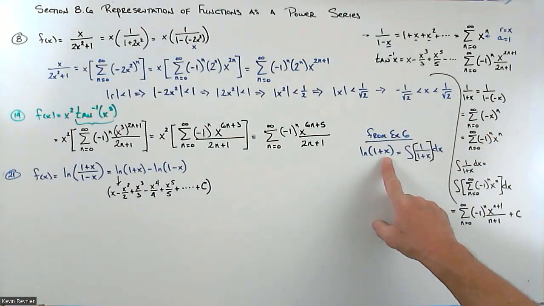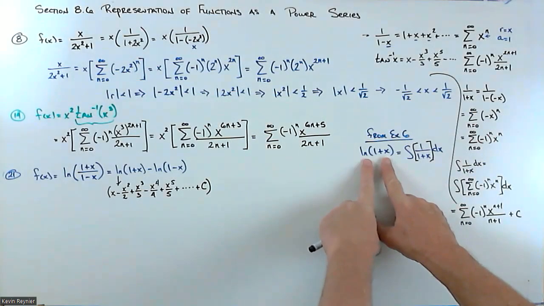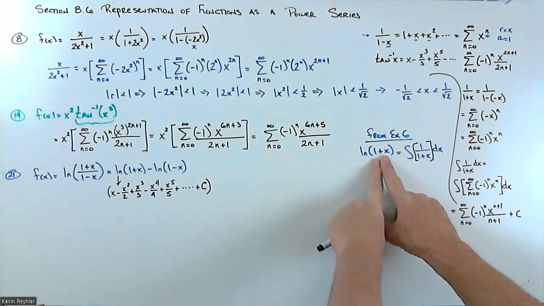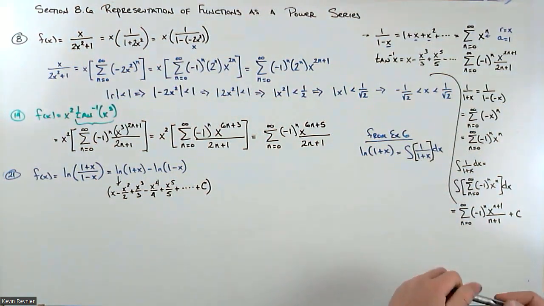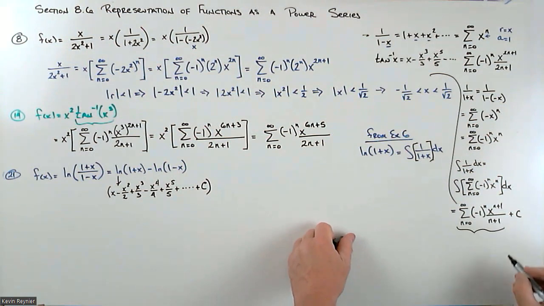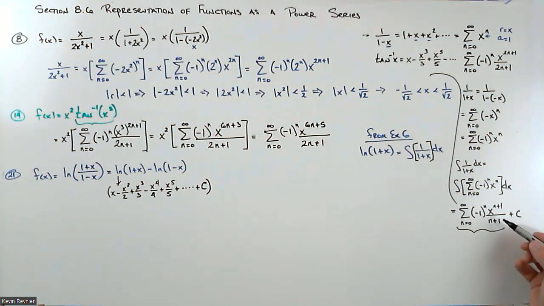If we put a 0 in for x on this side, we're going to get natural log of 1, and natural log of 1 is 0. So if we put 0 in for x, we're going to get 0 here. If we put 0 in this for x, well, all of these x's are going to be 0. So every term in this series is going to be 0.